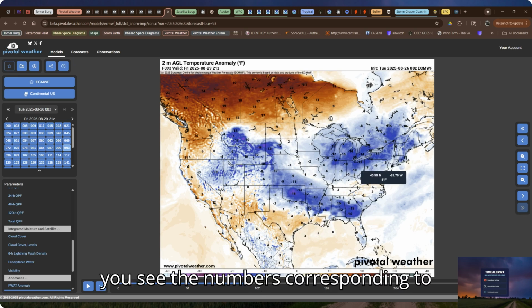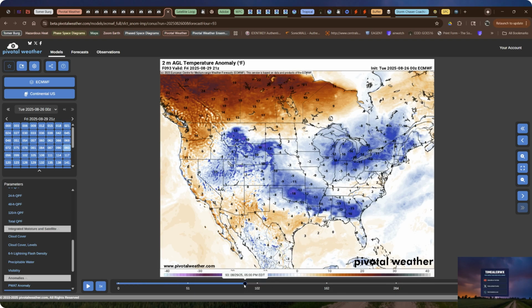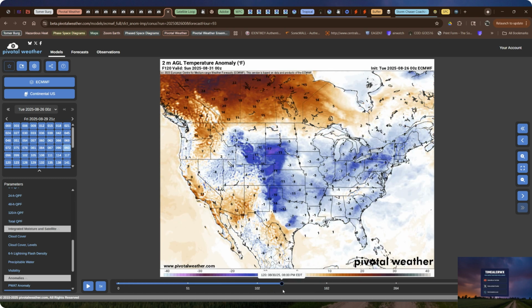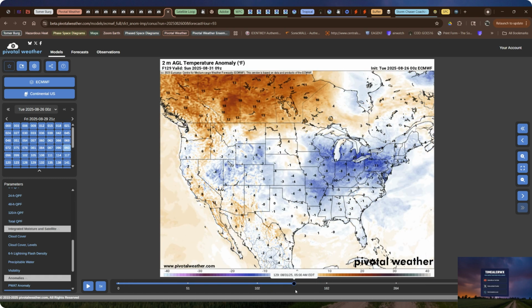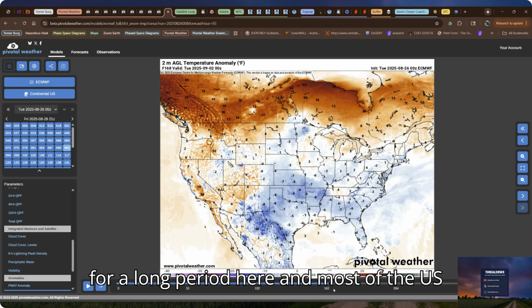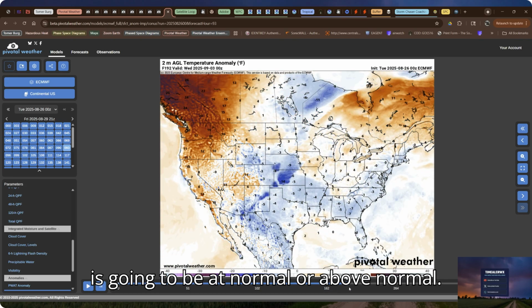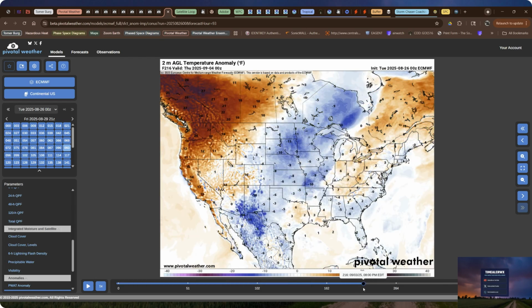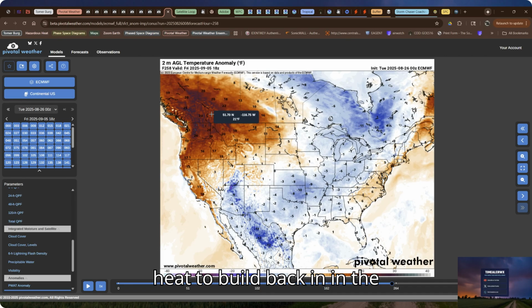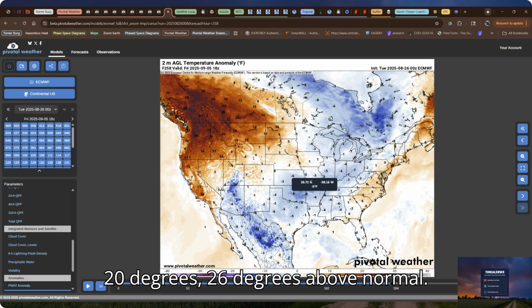you see the numbers corresponding to anomalies here. So if you look at the map as a whole, Canada is going to be quite hot for a long period here, and most of the U.S. is going to be at normal or above normal, except towards the end here, we start to heat up back in the northwest, which we don't need. 20 degrees, 26 degrees above normal.